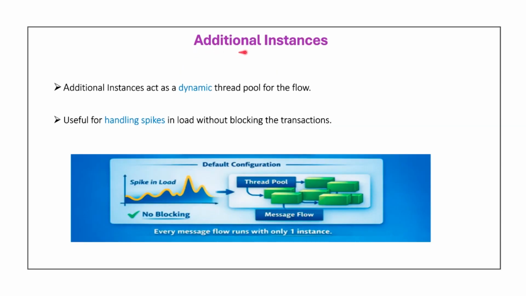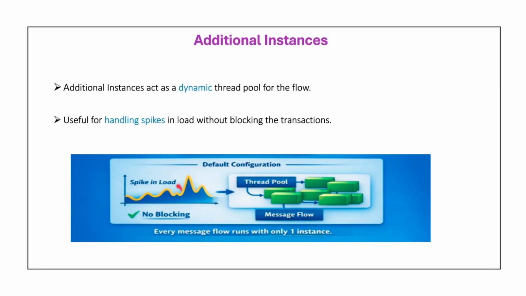Now let's understand additional instances. It acts as a dynamic thread pool for the flow. In this diagram, you can see the thread pool with more than one thread here. Suppose your message flow is running with one thread, that is the default thread, only one. One message flow runs with only one instance and it is associated with one thread.